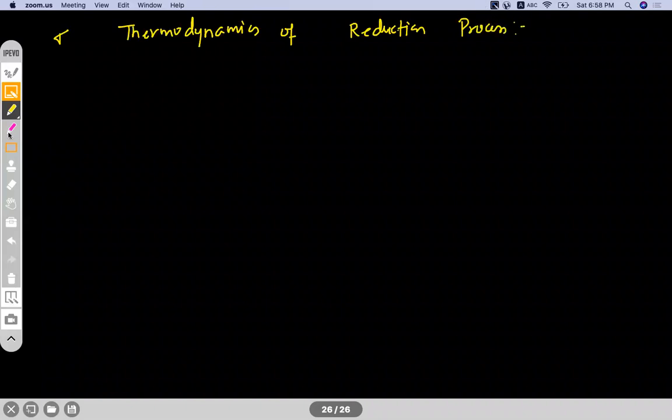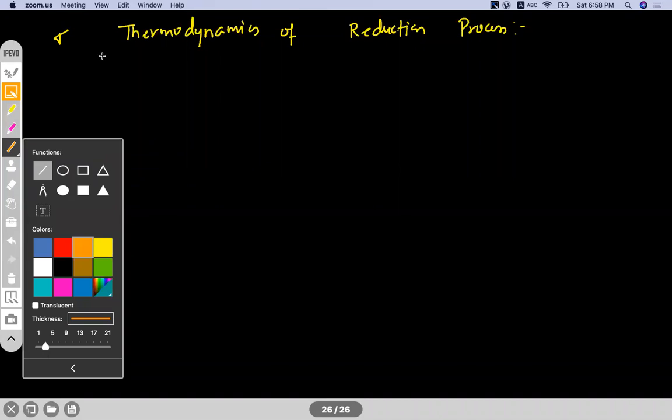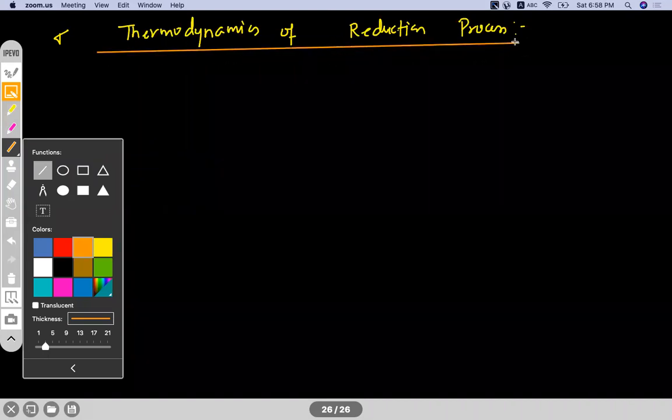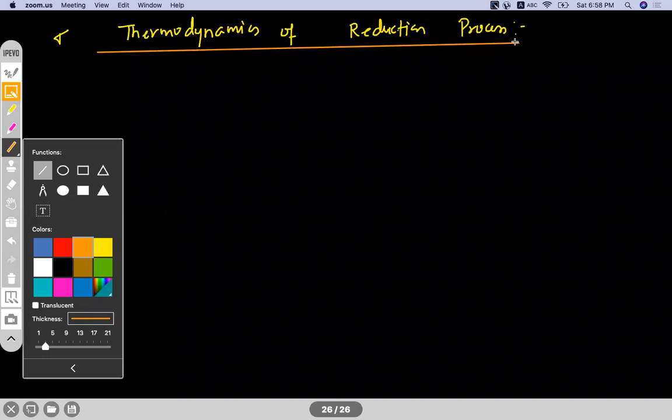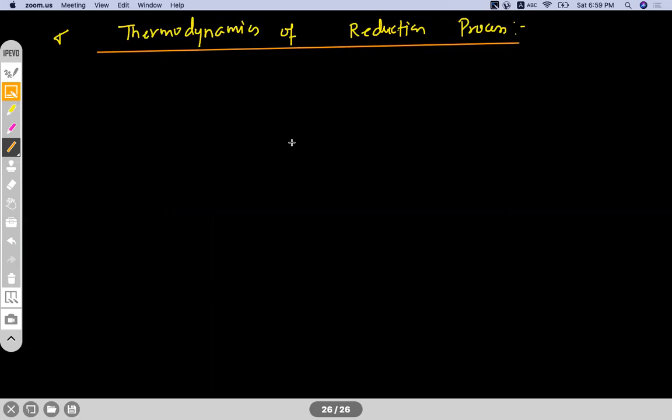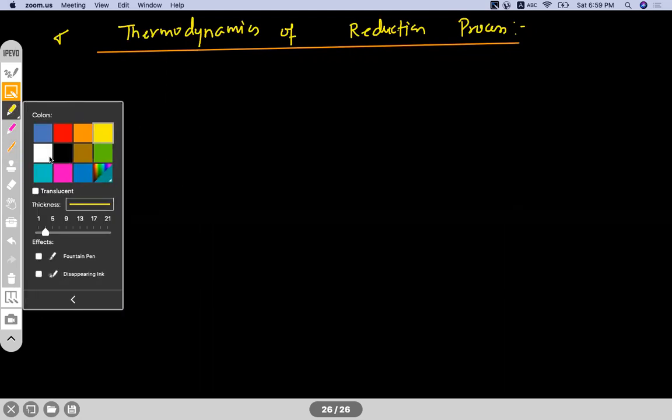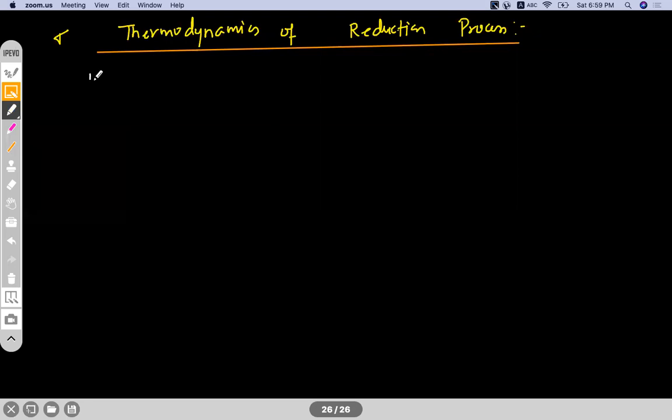In this we have the Ellingham diagram. We will discuss what it is, but you need to just understand 2-3 pieces of information that we can extract from the Ellingham diagram.